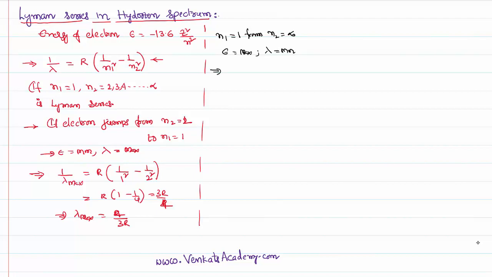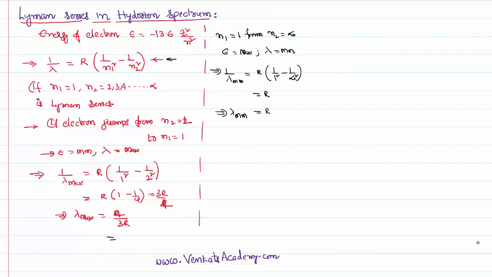Again from the similar equation, 1 by lambda minimum is Rydberg constant times 1 by 1 square minus 1 by infinity square, that is the Rydberg constant itself. That implies lambda minimum is 1 by R.